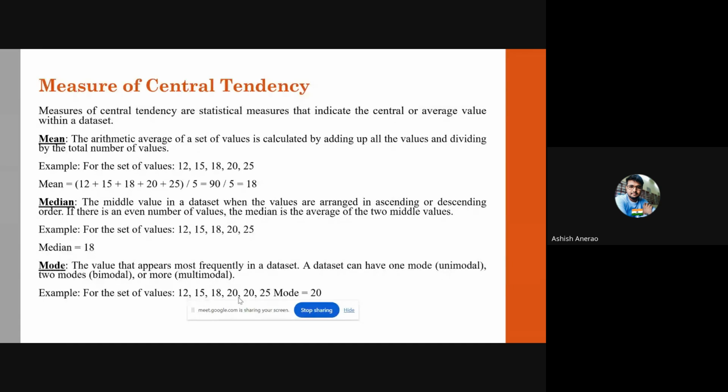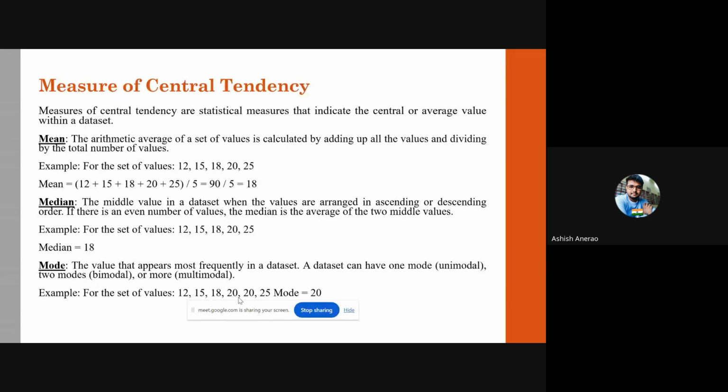So now the question arises: if mean is sufficient, then why do we require median and mode for measuring the central tendency of data? See, in statistics, different shapes of data are present.